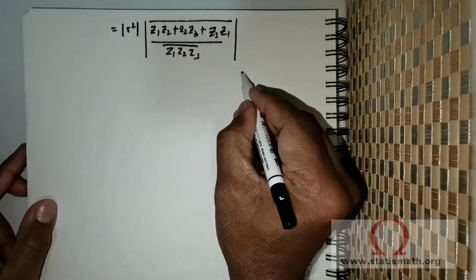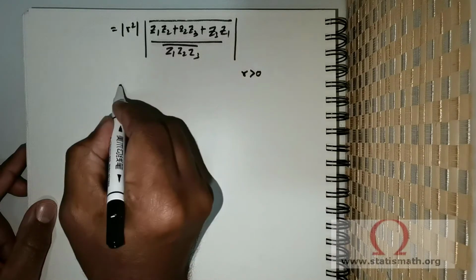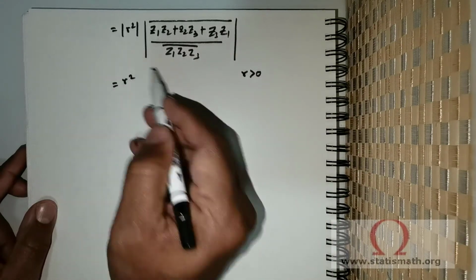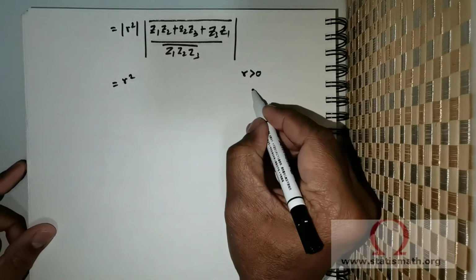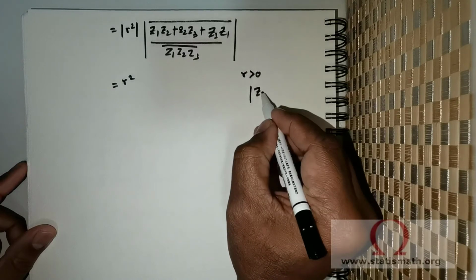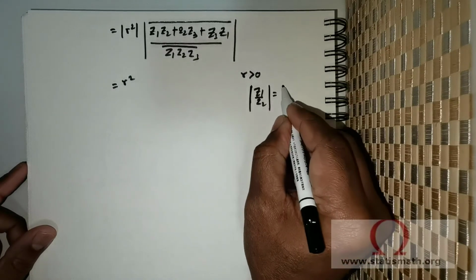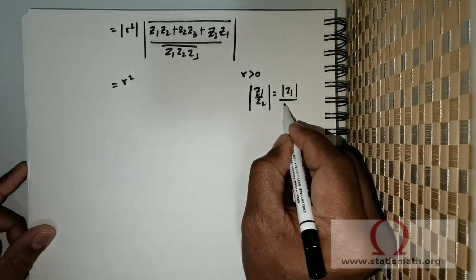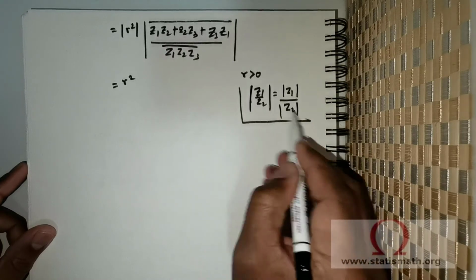Now we are clearly given that r is greater than 0, so this is going to be equal to r squared, right? This modulus is going to be always positive, so I can just simply place r squared there. Now also we know that the modulus of the quotient is equal to the quotient of the modulus. Okay, this is the property.